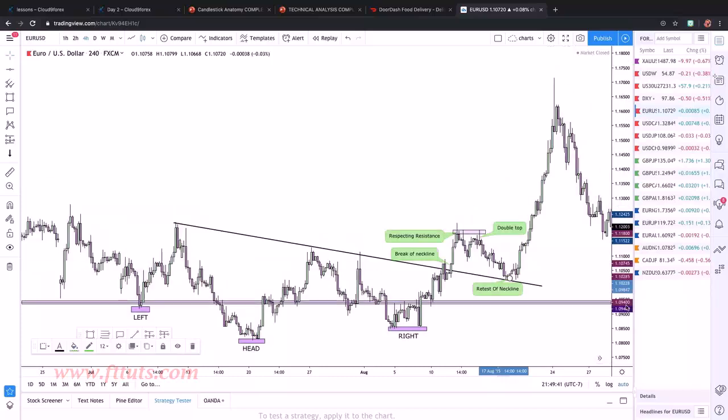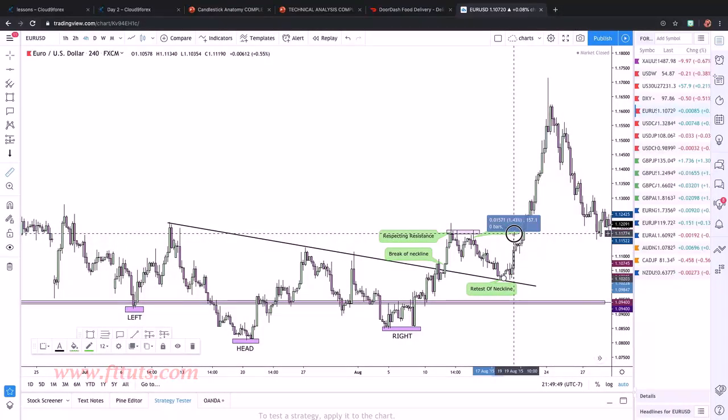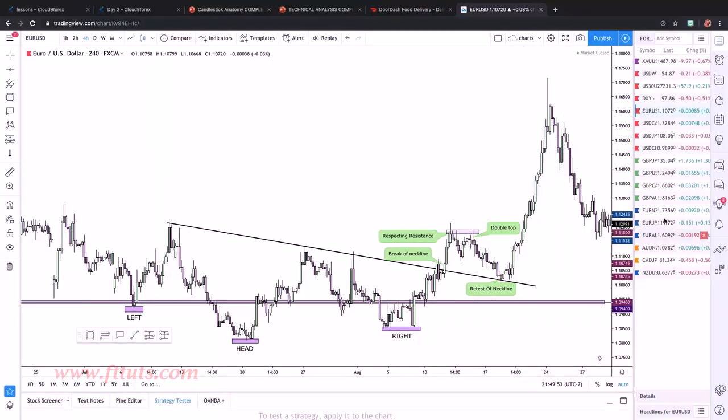So the biggest thing to consider is where do we enter? From the neckline to the resistance level is about 160 pips.